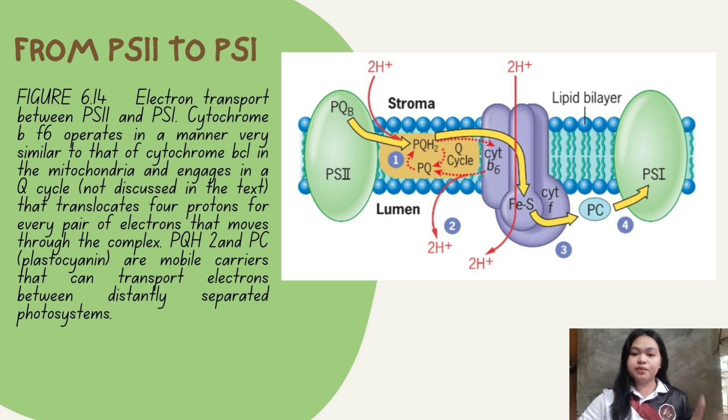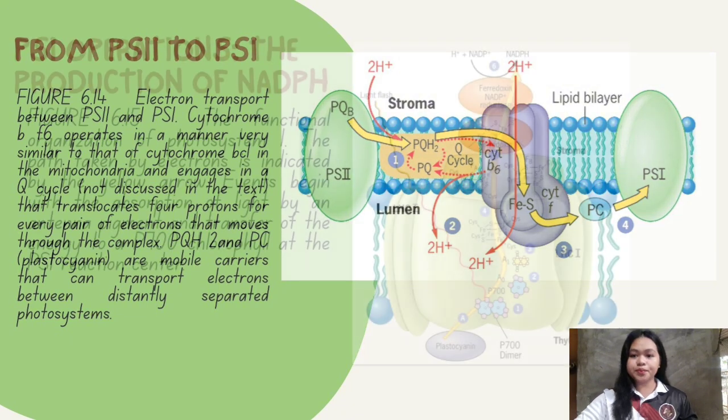Then, the electrons from the cytochrome b6f will be passed to another mobile carrier called plastocyanin, which is nasa luminal side ng photosystem 1. So, si plastocyanin, dadalhin niya sa lumen yung electrons, and then from there, magta-transfer yung electrons papunta sa P700, which is yung reaction center pigment ni photosystem 1.